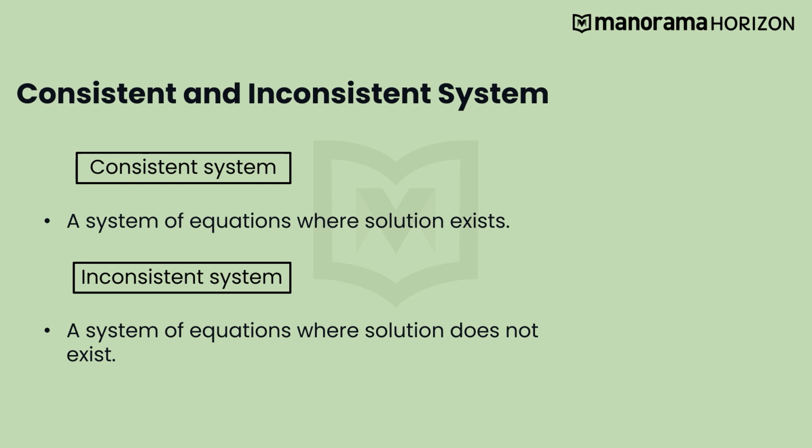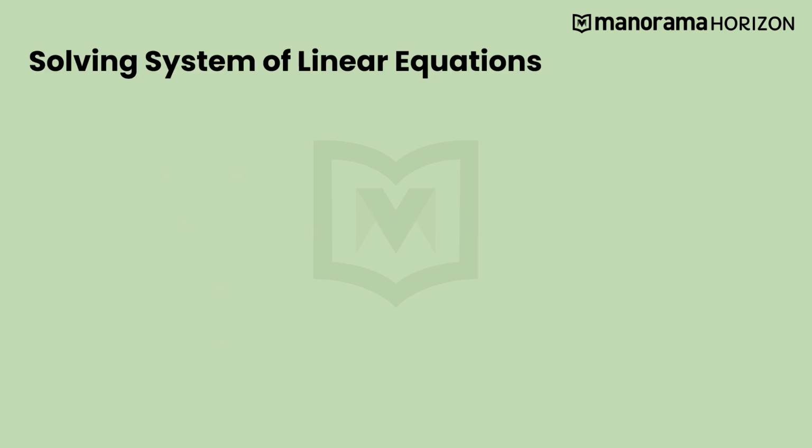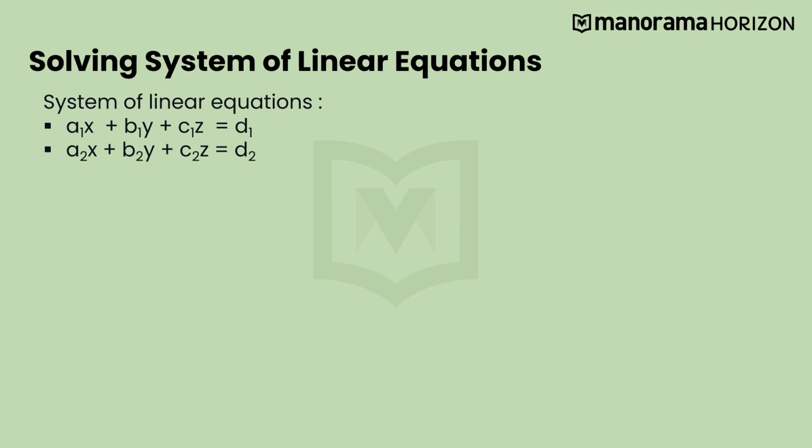When you get a system of linear equations like this, consider a1x plus b1y plus c1z is equal to d1, a2x plus b2y plus c2z is equal to d2, a3x plus b3y plus c3z is equal to d3. You have to follow these steps.